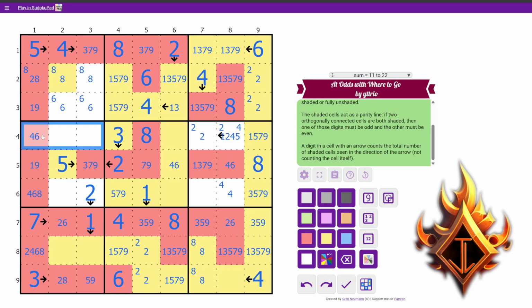Actually, if all of those are red, well, it can't be 1. That much is true. If it was 2, it could not be red.